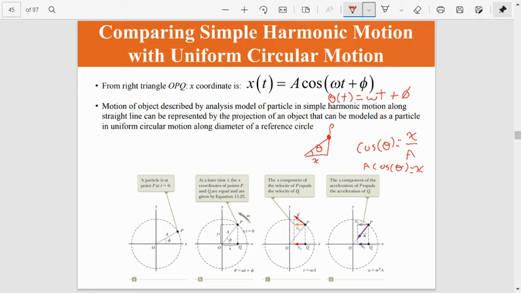So the shadow of particle P on the x-axis can be described with this cosine formula, which is the exact same displacement that an oscillator in simple harmonic motion has. So as the particle moves around the circle, its projection is moving in simple harmonic motion across the x-axis.